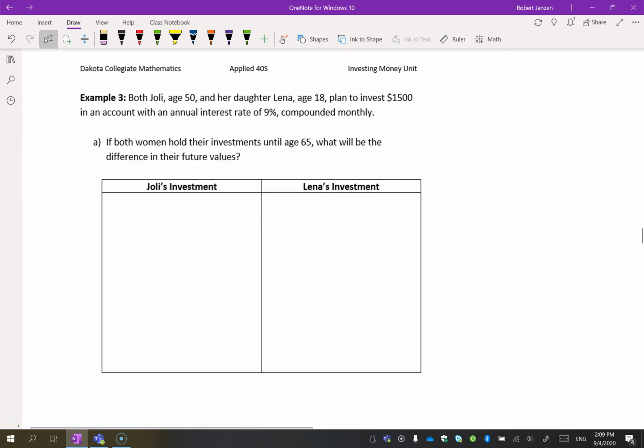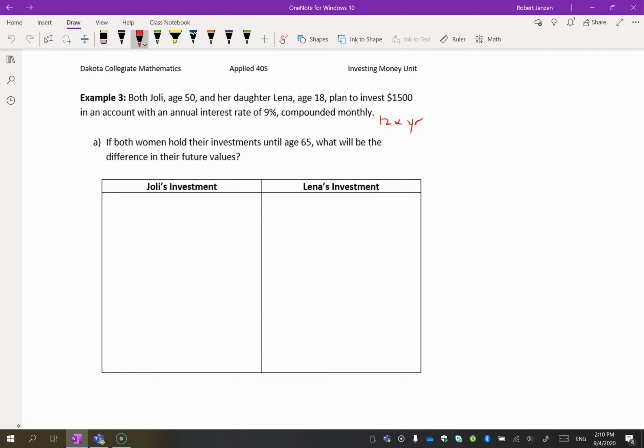So, let's try another one. Jolly and her daughter Lena plan to invest $1,500 in an account with interest rate of 9% compounded monthly. Okay, compounded monthly means 12 times a year. If both women hold their investments until age 65, what will the difference in their future values be?